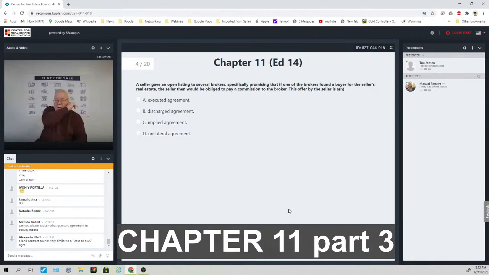Good job. Number four, a seller gave an open listing to several brokers, specifically promising that if one of the brokers found a buyer for the seller's real estate, the seller then would be obligated to pay a commission to the broker.